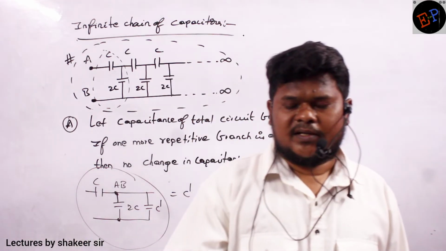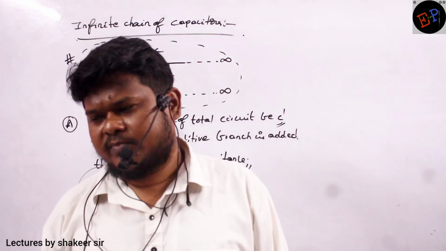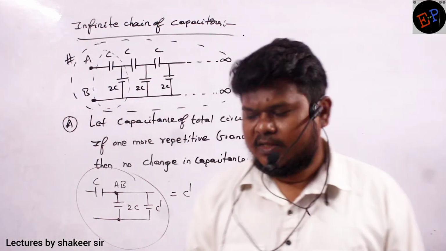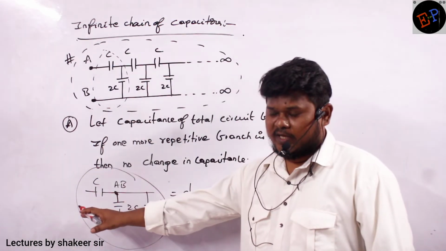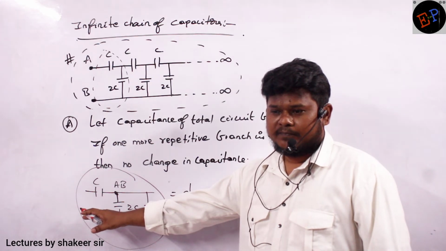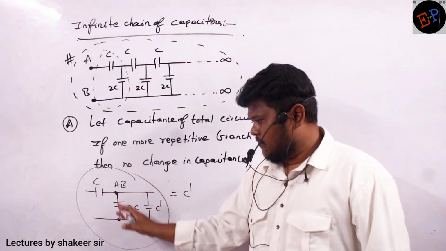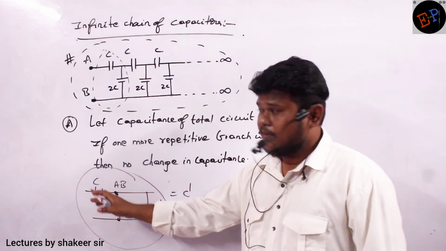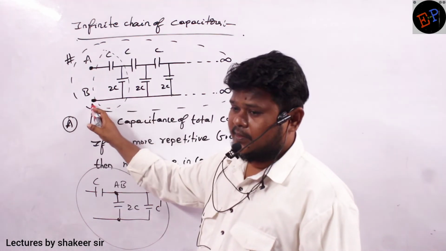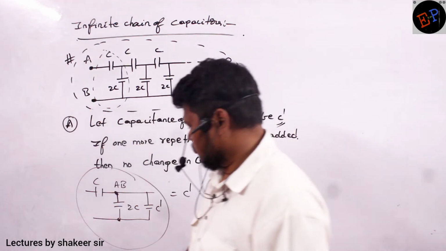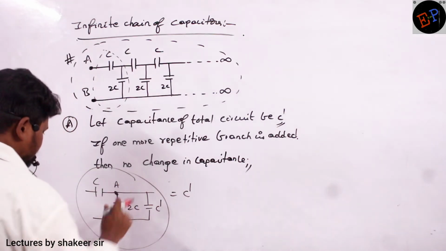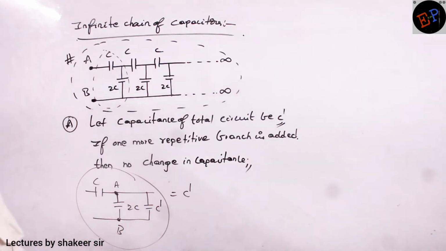If I add one more branch, then capacitance will not change, no? Because this is an infinite branch. In between A and B only I have connected. This is B. Clear, ma?